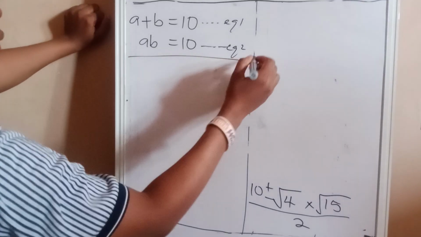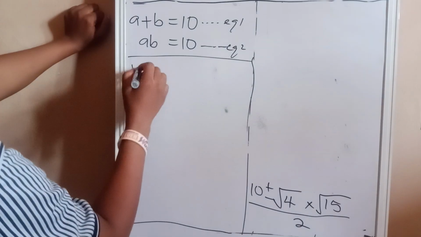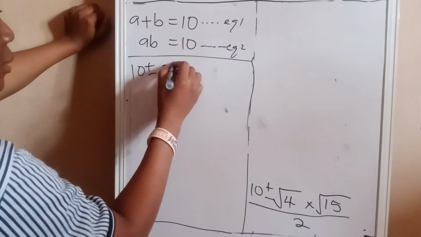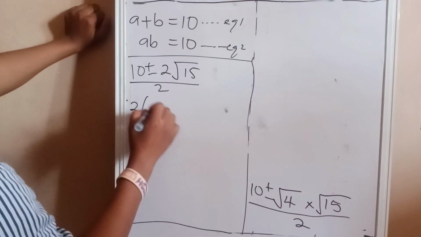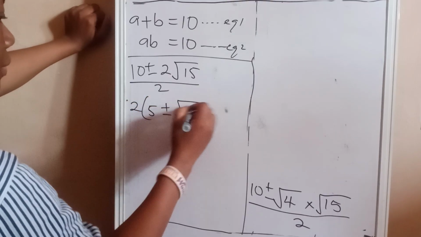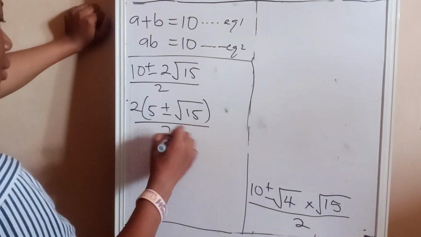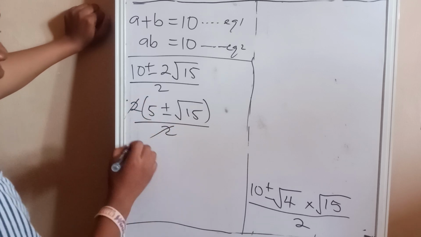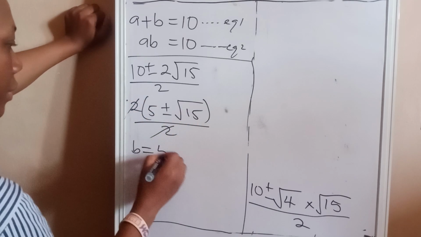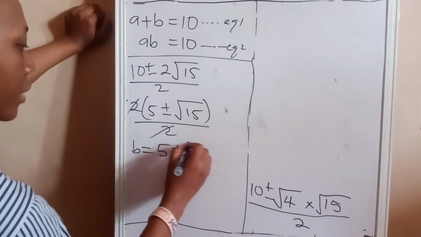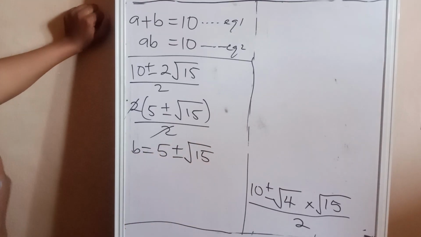From here we have 10 plus or minus 2 root 15 over 2. We can factor out 2 here to give us 5 plus or minus root 15 over 2, and this goes. So the values for b are 5 plus or minus root 15.